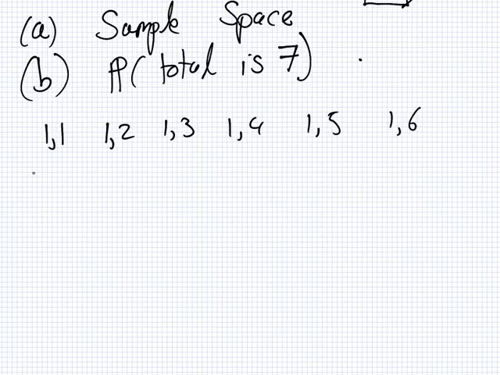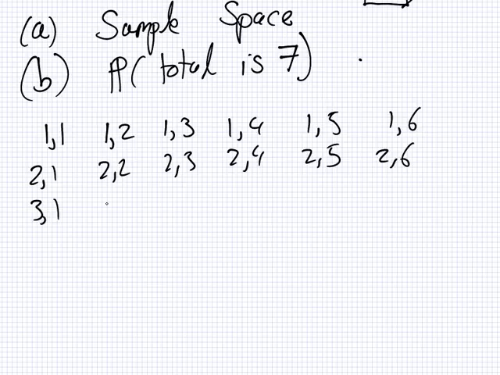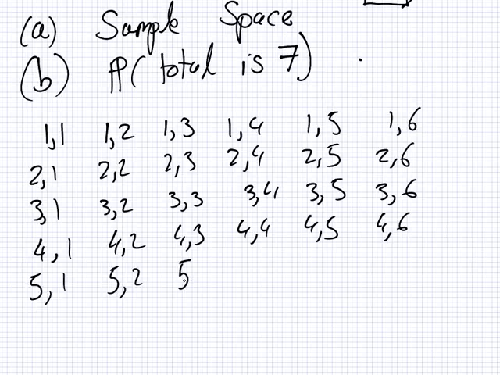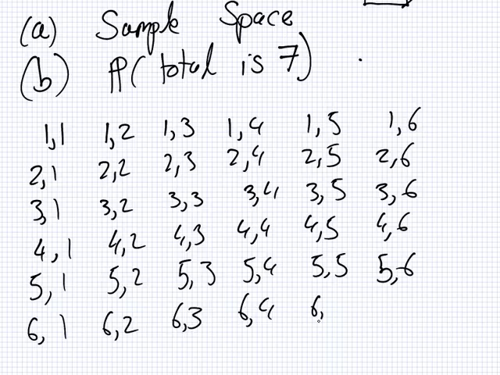Or you could roll a 2 and a 1, 2 and a 2, 2 and a 3, 2 and a 4, 2 and a 5, 2 and a 6, 3 and a 1, 3 and a 2, 3 and a 3, 3 and a 4, 3 and a 5, 3 and a 6, and so on. 4, 1, 4, 2, 4, 3, 4, 4, 4, 5, 4, 6, 5, 1, 5, 2, 5, 3, 5, 4, 5, 5, 5, 6, 6, 1, 6, 2, 6, 3, 6, 4, 6, 5, 6, 6.